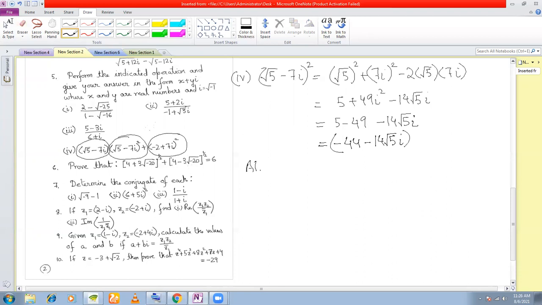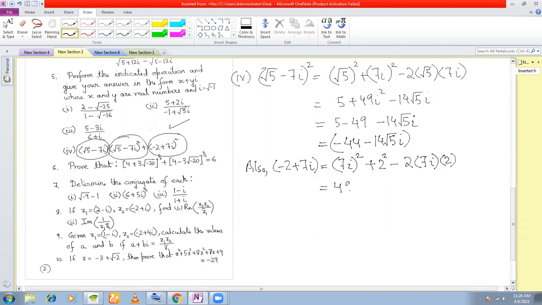Also, find out this minus 2 plus 7i. Again, expand by a minus b whole square formula. You will get a square, considering 7i as a, plus b square minus 2 into a into b.